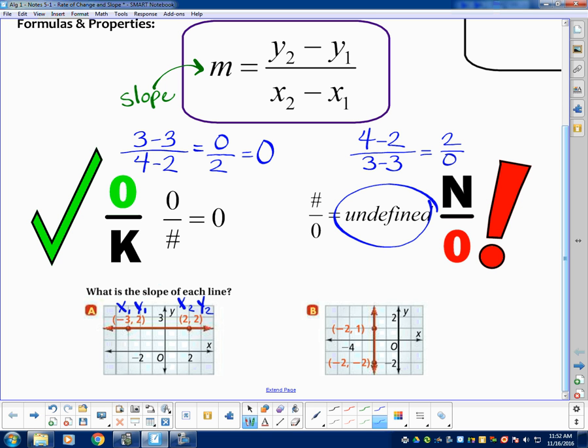If I plug into this formula, it says that I'm subtracting the y's on top, and I'm subtracting the x's on the bottom. This would give you 0 over 5. So whenever you have a horizontal line, it doesn't matter where it is on the graph, m equals 0.